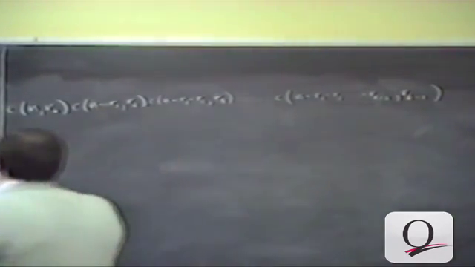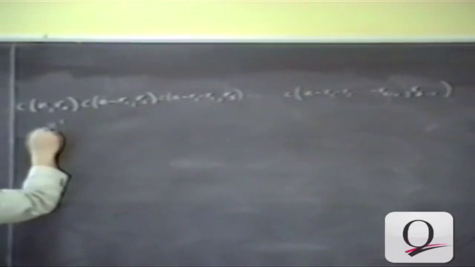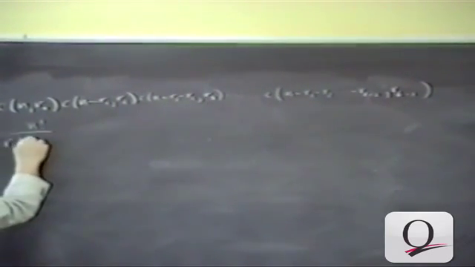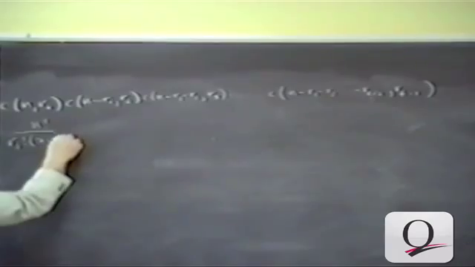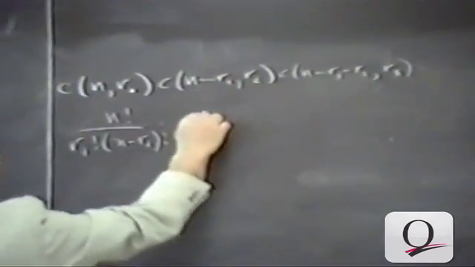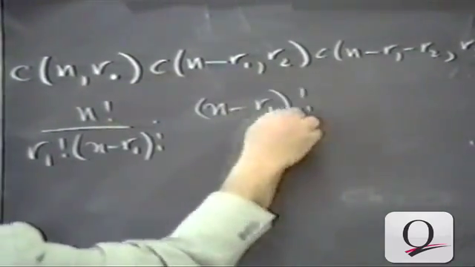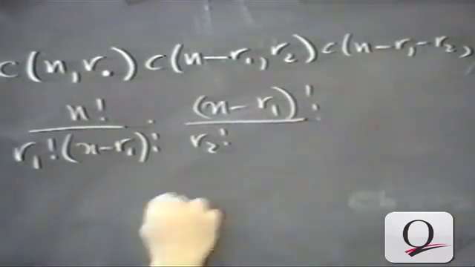So let's see what that's equal to. This is n factorial over R1 factorial, n minus R1 factorial. That's this one, and this is n minus R1 factorial over R2 factorial.